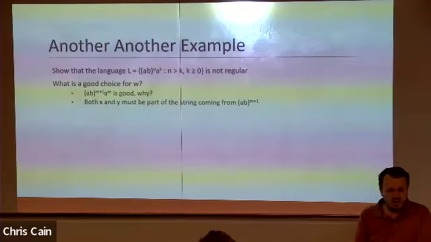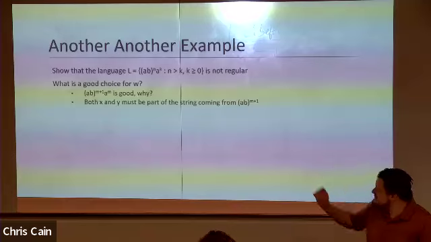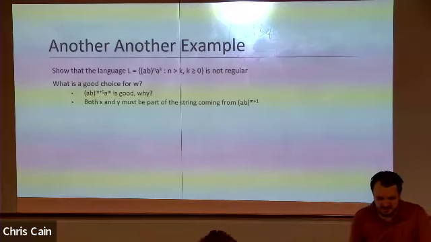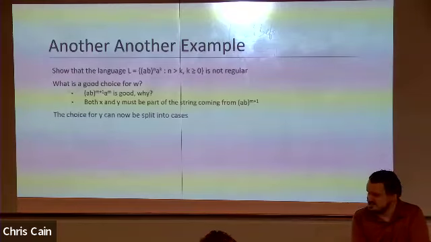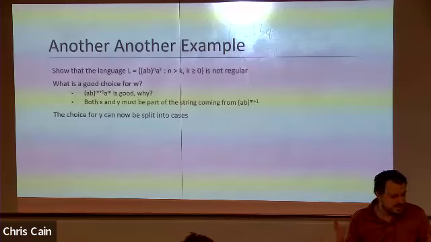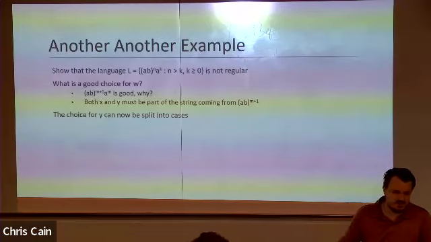Because there must be no way to construct this DFA with M states such that this is true. So we now need to break this down into cases for what this X and Y could look like. And if the DFA cannot be constructed from any of those cases, then this language is not regular.